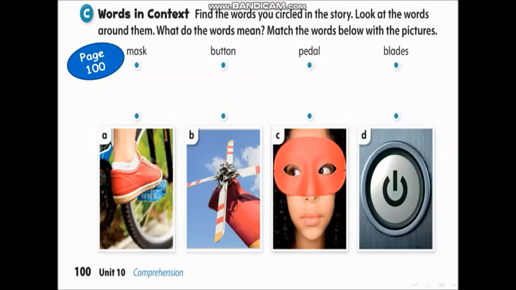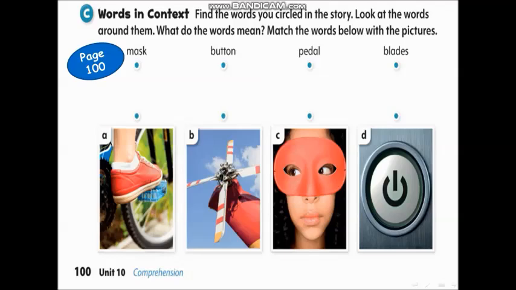Now, what do you think the word mask means? Yeah, you can answer. Yeah, excellent girl.